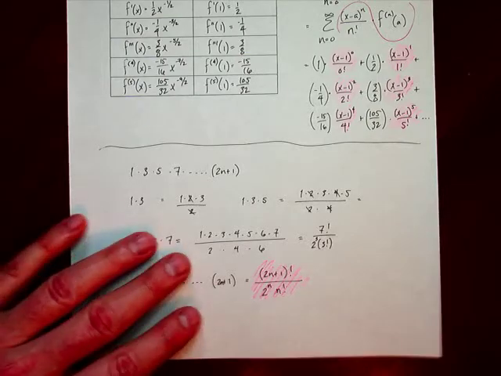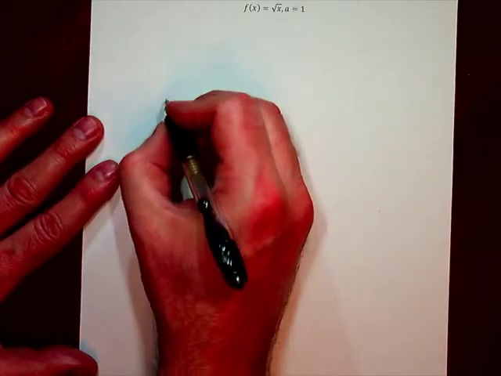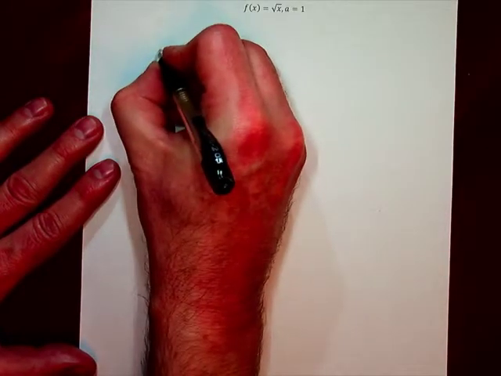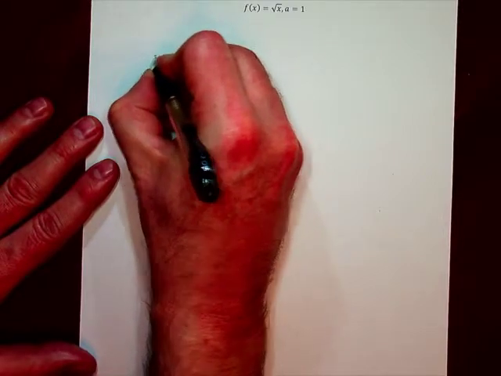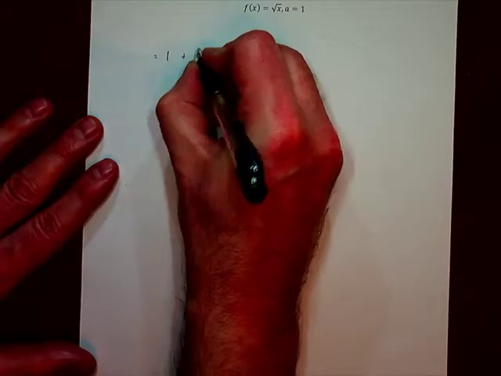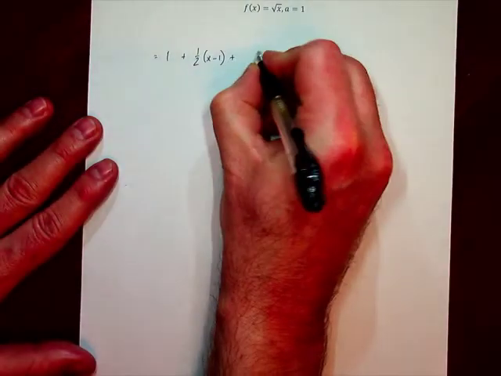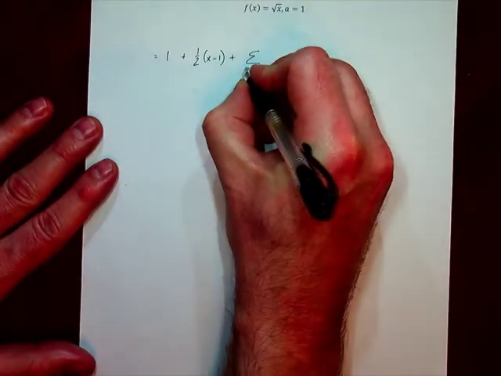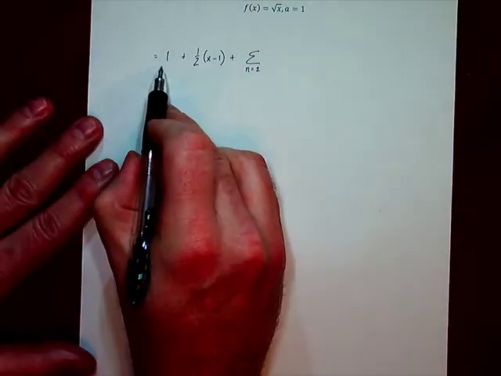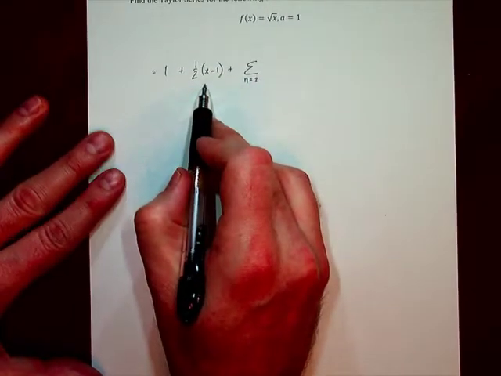And so let's go ahead. Okay, now what that means is that our first two terms, the ones that don't fit the pattern, we have 1 plus 1/2 x minus 1, and then we need to have a sigma for n equals 2, because this is our n equals 0 term, and this is our n equals 1 term.